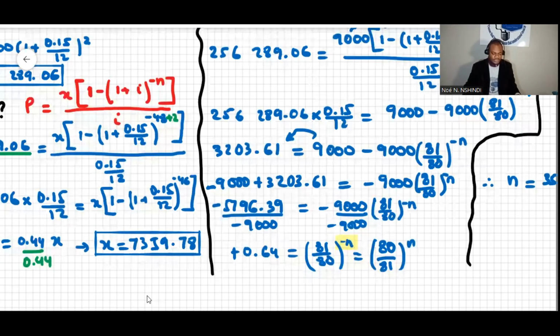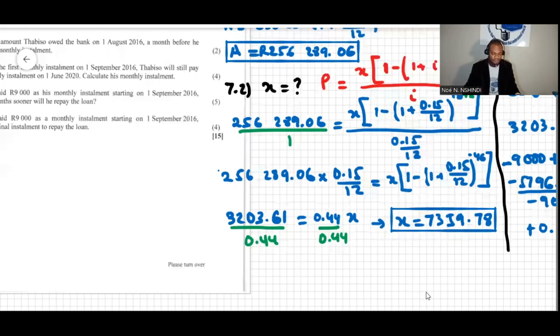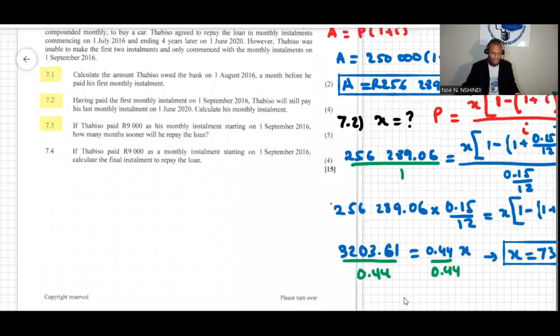Question 7.4. The question says that if Tabiso paid 9,000 as a monthly installment starting on the 1st September 2016, calculate the final installment to repay the loan.